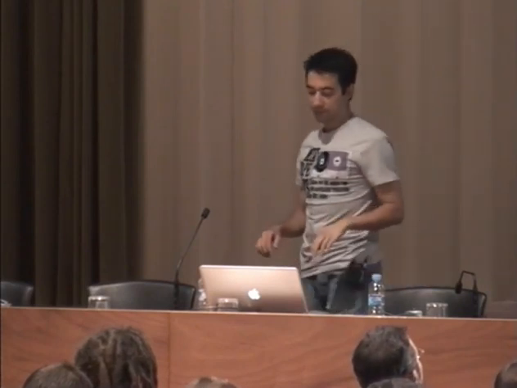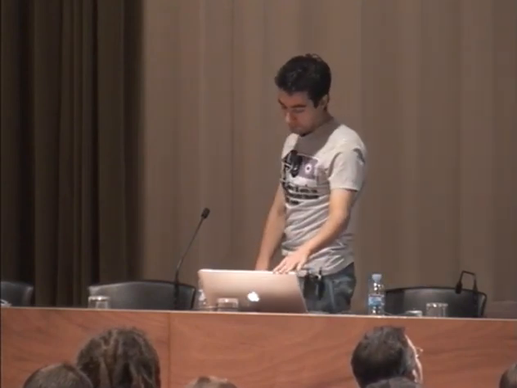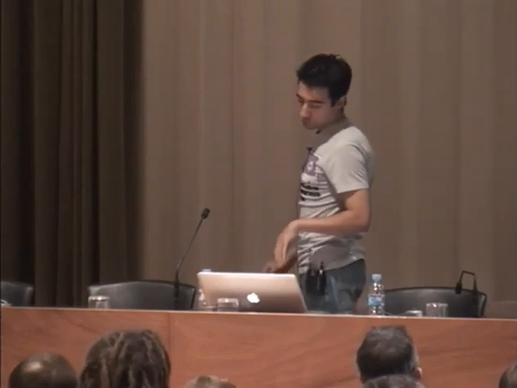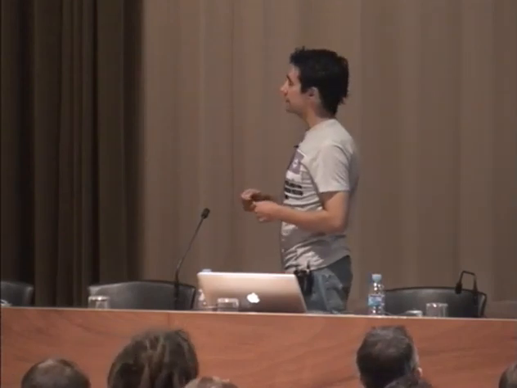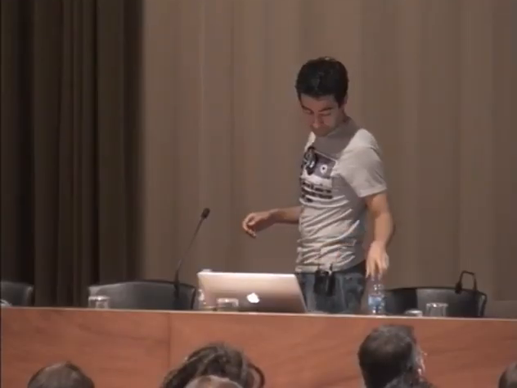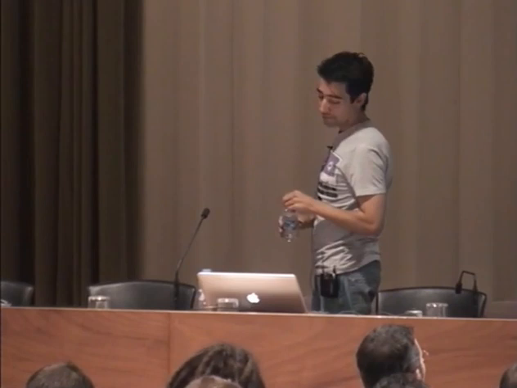The generate method is the method that is called to see what is going to be played next. When I said it uses a strategy pattern over a strategy pattern, it is represented here with the when, next, and the new queue.